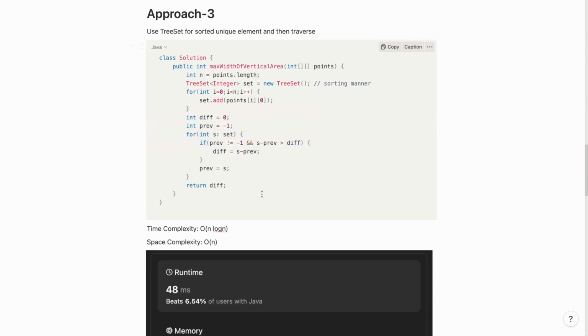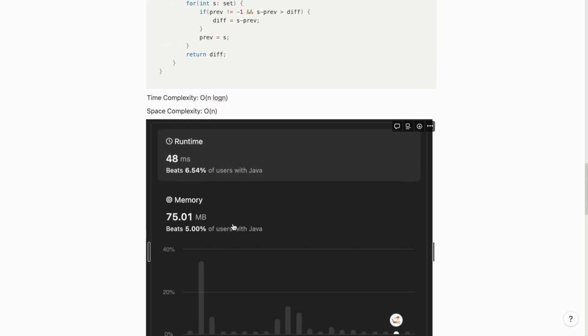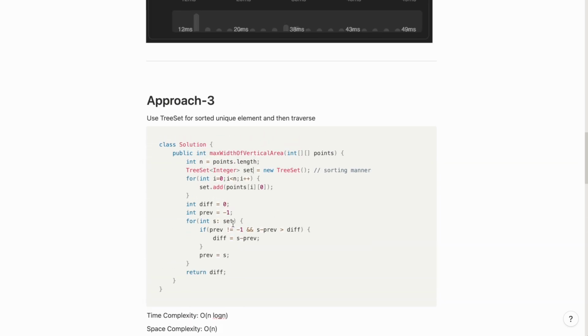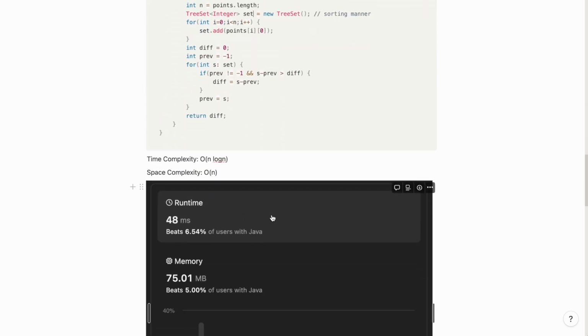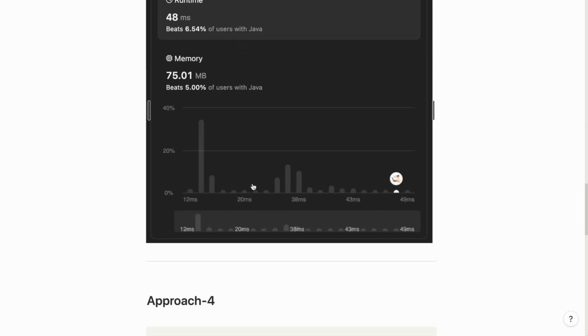The time complexity is the same, and space would be O of n because of the TreeSet. When I ran this approach, I got around 48 ms. Again, I don't compare these based on LeetCode's runtime, because the time complexity for all three approaches is O of n log n.